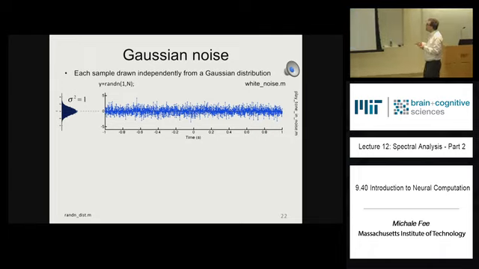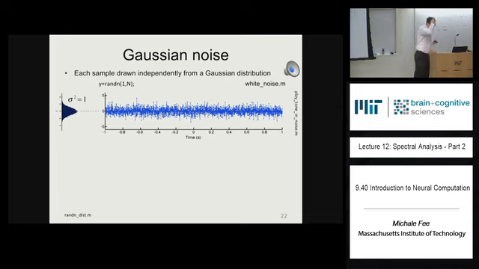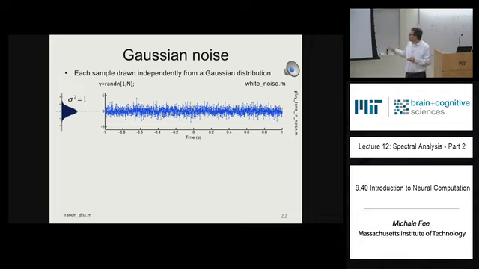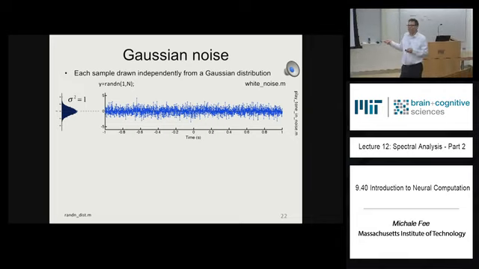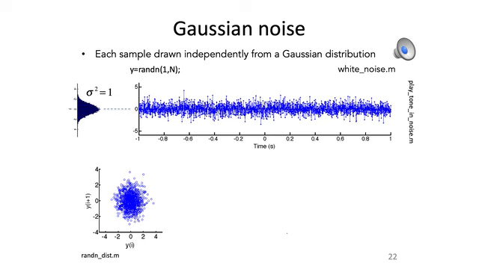Now, what if you plot the correlation between the value of this function at time t and time t plus 1? Is there any relation between the value of this function at any time t and another time t plus 1? They're completely uncorrelated with each other. The value at time t is uncorrelated with the value at time t plus 1. So there's 0 correlation between neighboring samples.